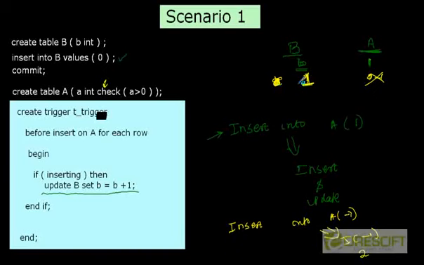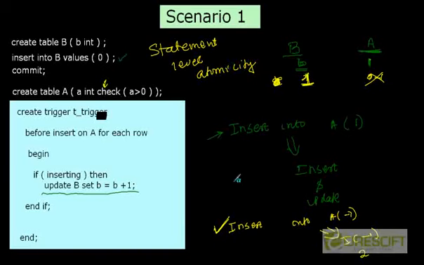Basically what I am saying is that if this insert statement fails, then whatever things changed because of this insert are also going to be rolled back, and this is essentially called statement level atomicity.